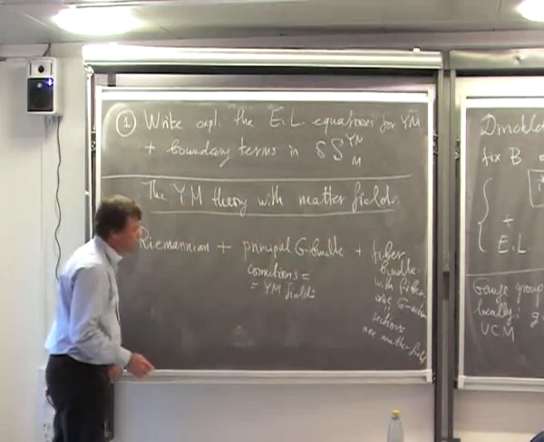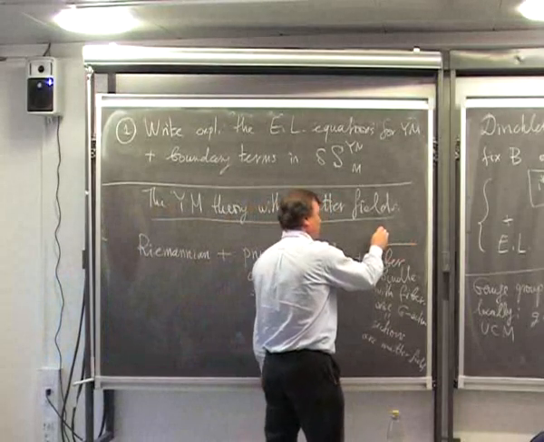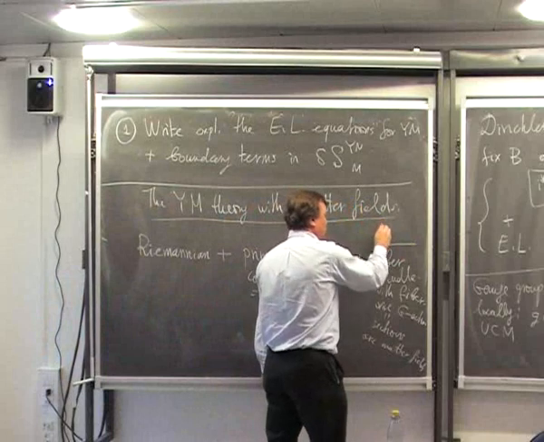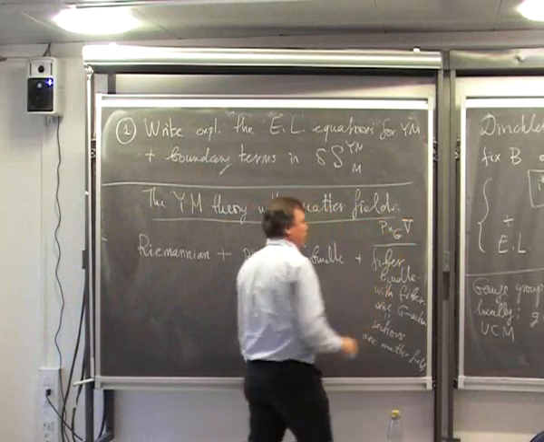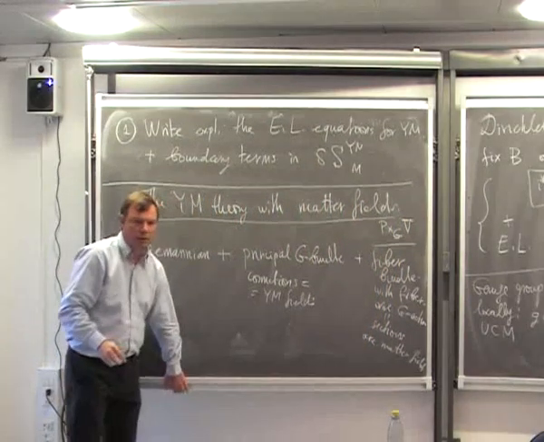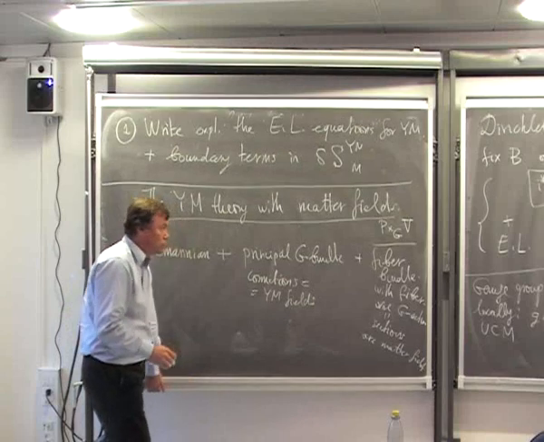So an example of such a thing would be simply, let's take P over G with some representation V, some finite dimensional representation V of G.